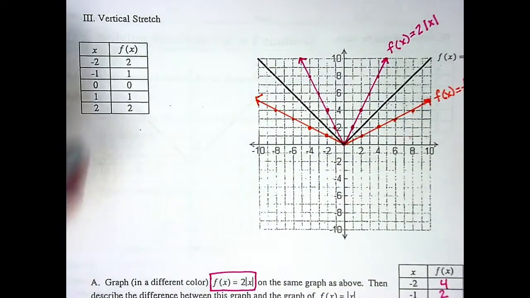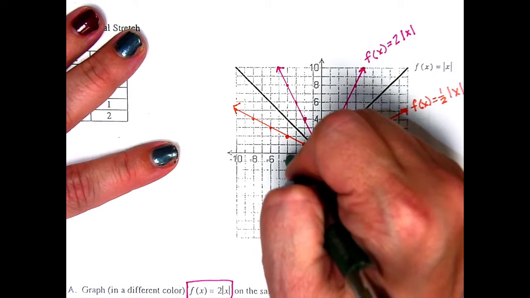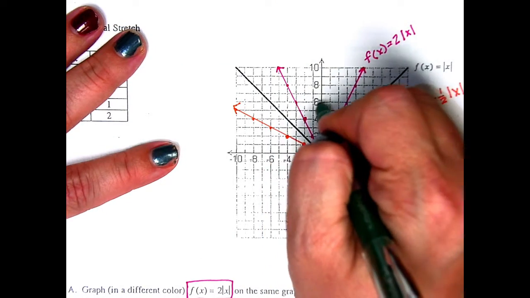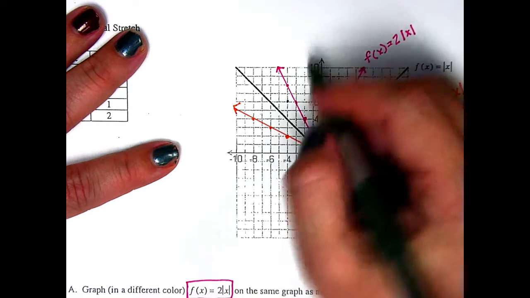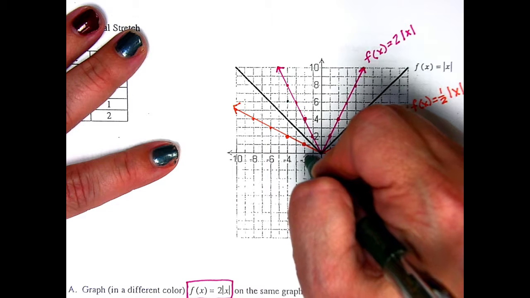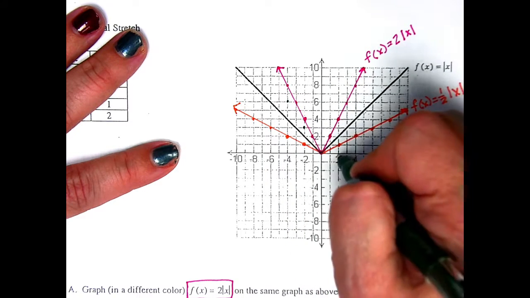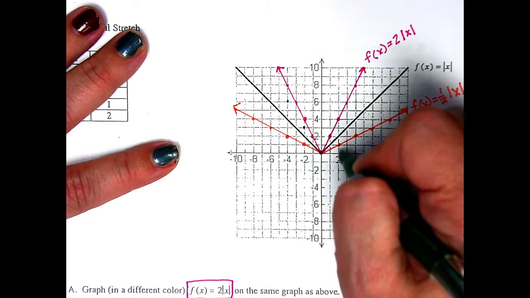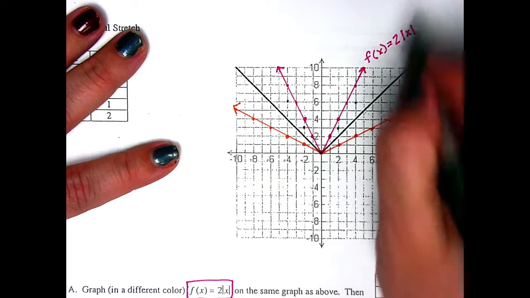I'll go back to our coordinate plane. So I have -4, 6, -2, 3, 0, 0, 2, 3, 4, 6.